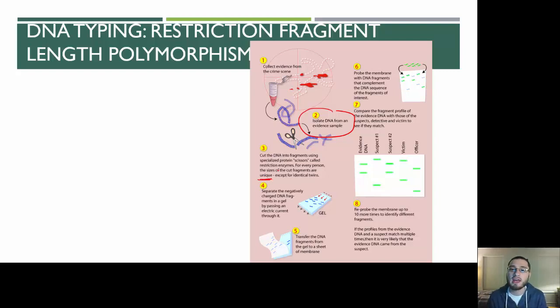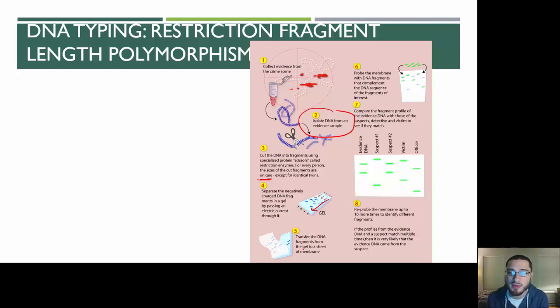Although we all have these same segments, they're going to be different lengths, so when we cut them up, we can compare one sample's lengths to another's. You separate the negatively charged DNA fragments in a gel by passing an electric current through it. These negatively charged DNA particles move towards the positive side of the gel.